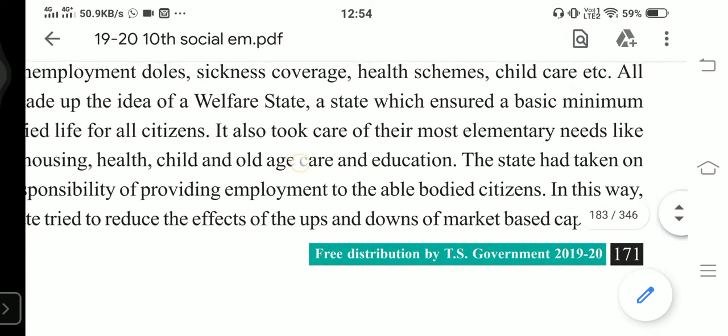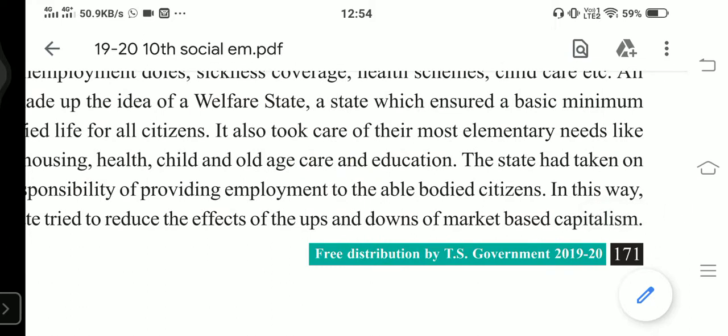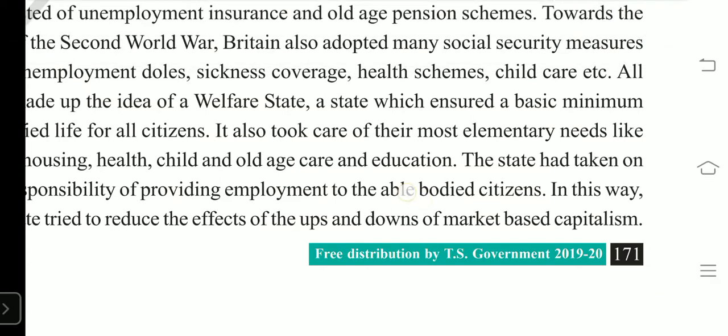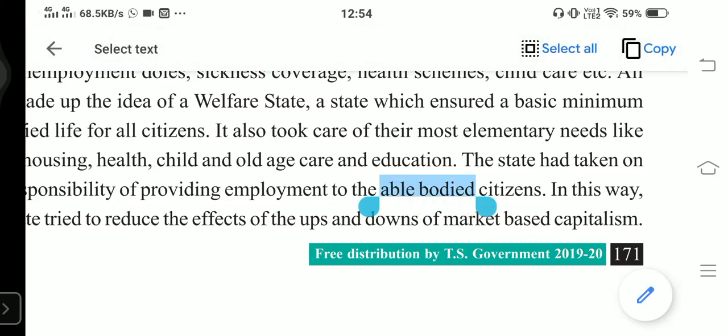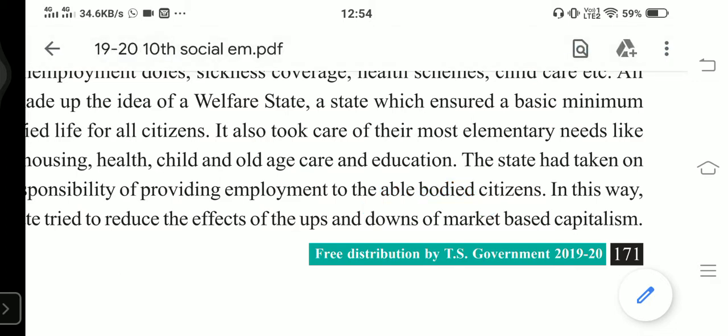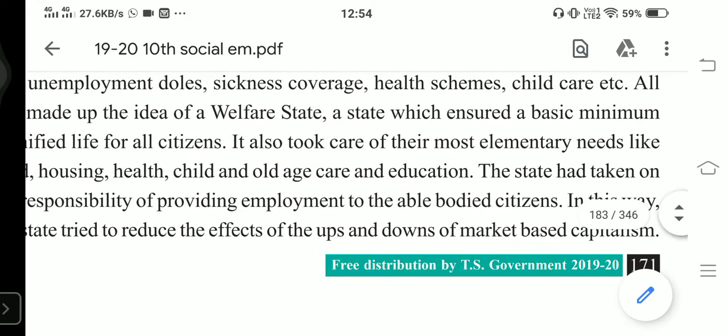The state also has a responsibility to provide employment for all the people who are unemployed. Here it is given as able-bodied people, meaning people who have the capacity to do the work and who are well educated; they need to get a job. Employment opportunities should be provided by the state to all its citizens.